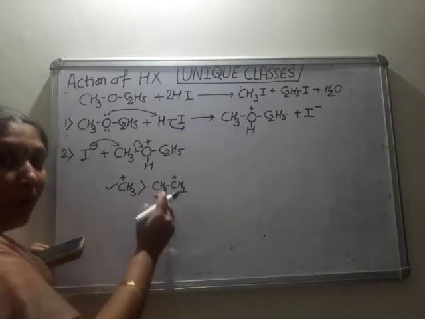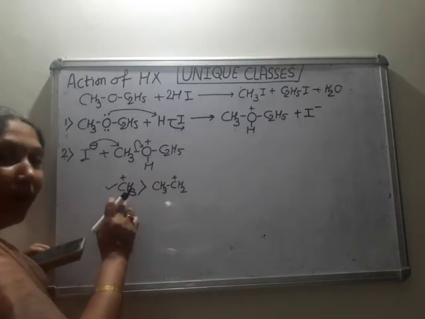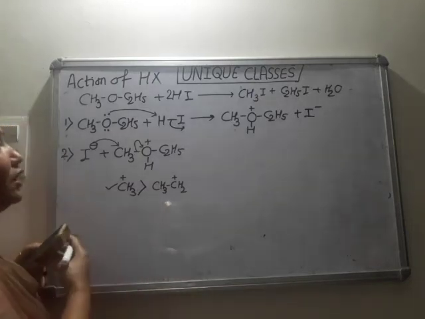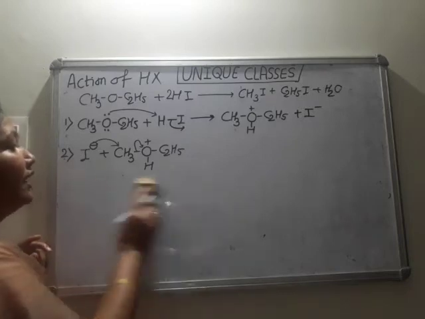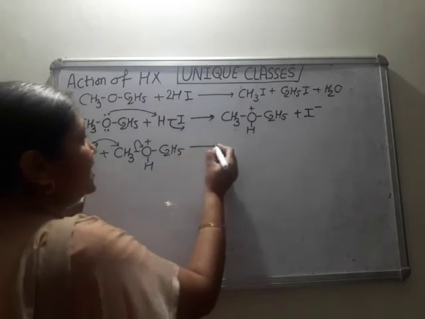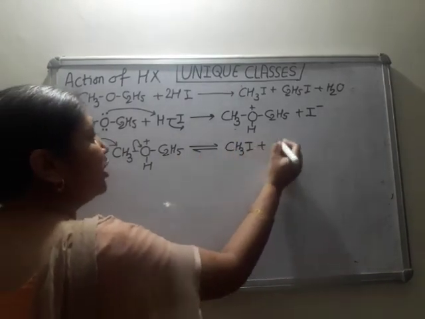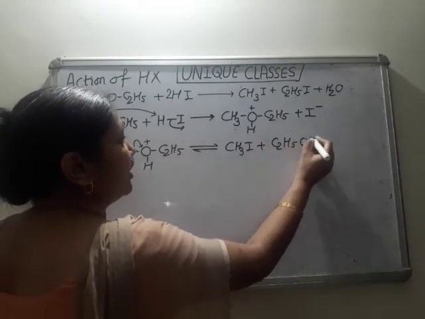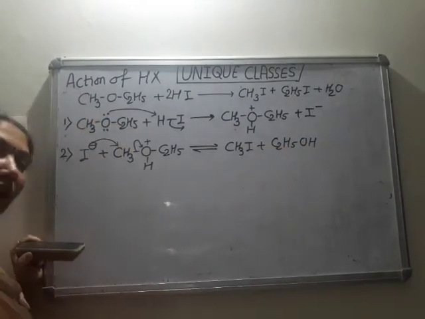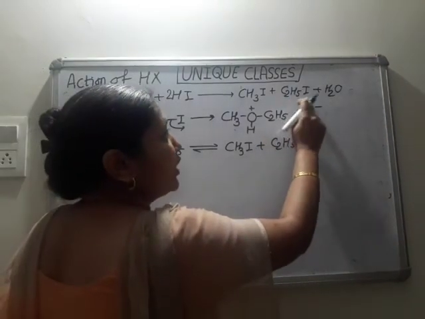So backside attack of I minus is hindered in this case as compared to this. So CH3 plus is attacked by I minus. SN2 mechanism takes place and we get CH3I plus C2H5OH.